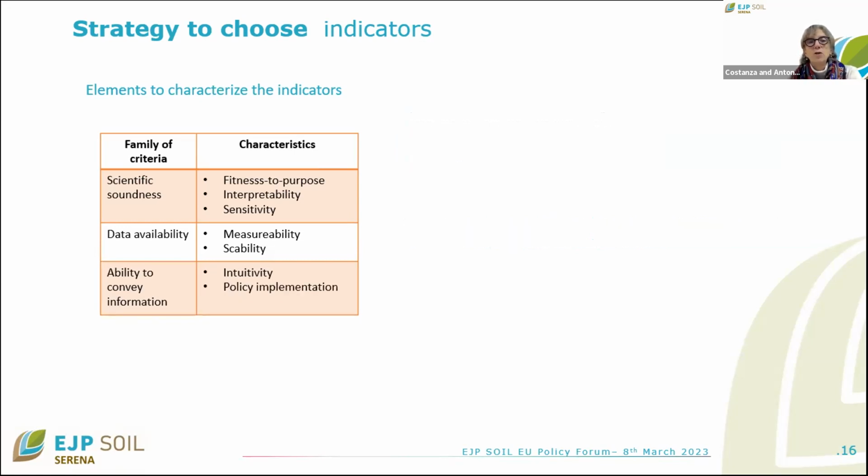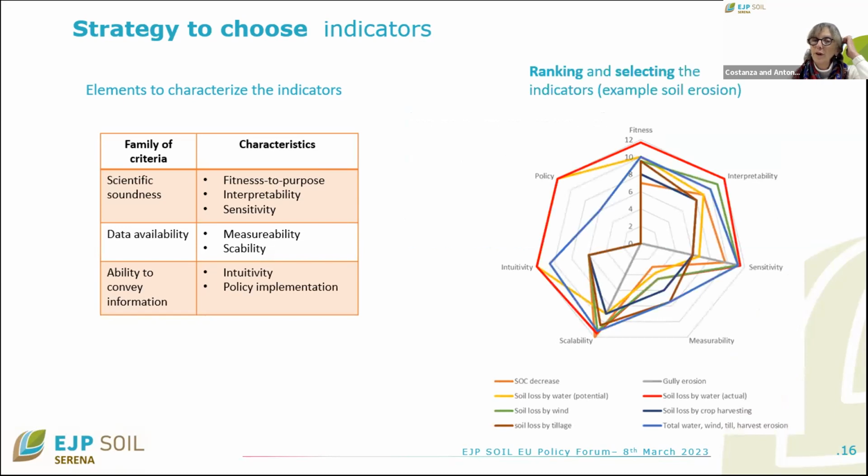And so based on these criteria, we try to score all the indicators. This is an example for erosion, where you see that the different indicators behave in different ways. So maybe the best scientific indicator is not as intuitive, or is too difficult to implement at a political level.